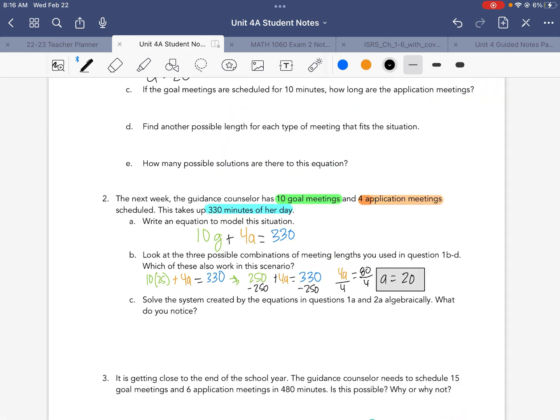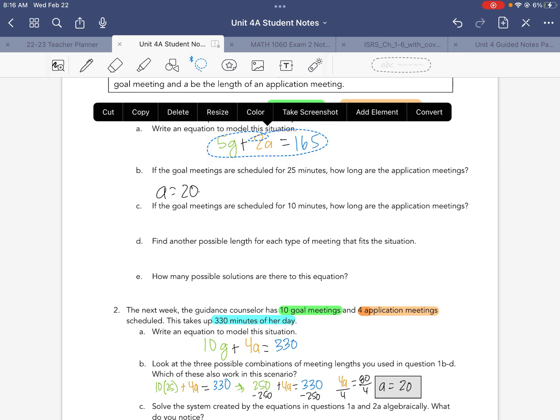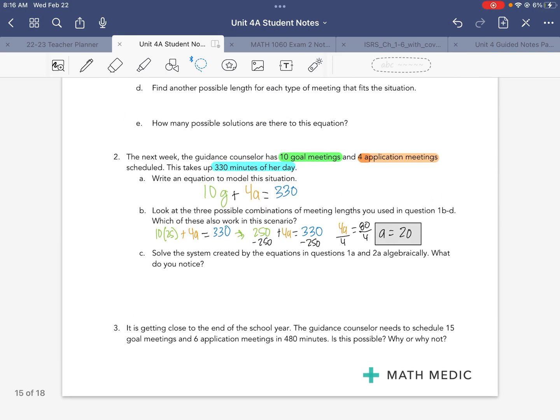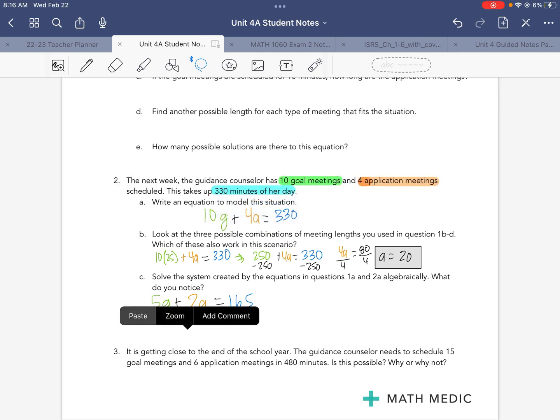So we took a look at this equation. And then we also took a look at this equation. And I wanted you guys to see what you noticed about these.